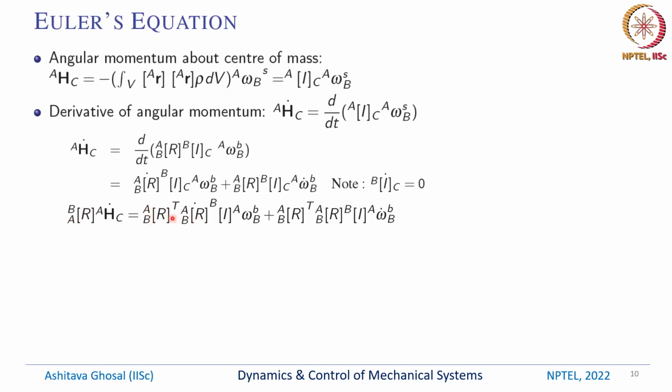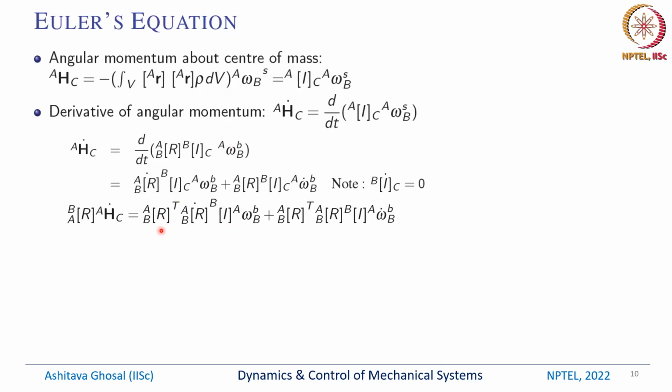And hence we have ABR transpose into ABR dot into some inertia matrix into the body fixed angular velocity vector, plus again ABR transpose into ABR into the body fixed inertia matrix into A omega B dot. So this is like angular acceleration into some matrix. Note that these two will become identity, so this is like R transpose into R. How about this? This is R transpose into R dot. So this is like again angular velocity, but the body fixed angular velocity.